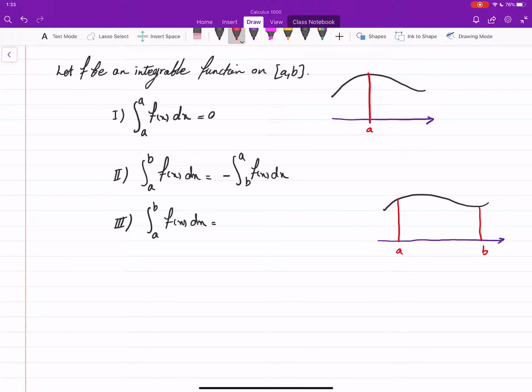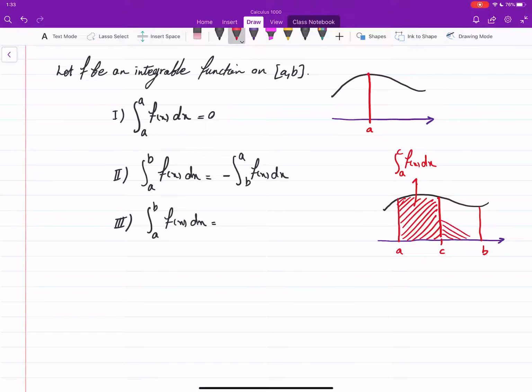So here the meaning of the integral is area, but you can break the interval in two pieces. Pick any point c in between and you find first the area of the region under the graph from a to c. This area is going to be the integral from a to c of f of x dx.